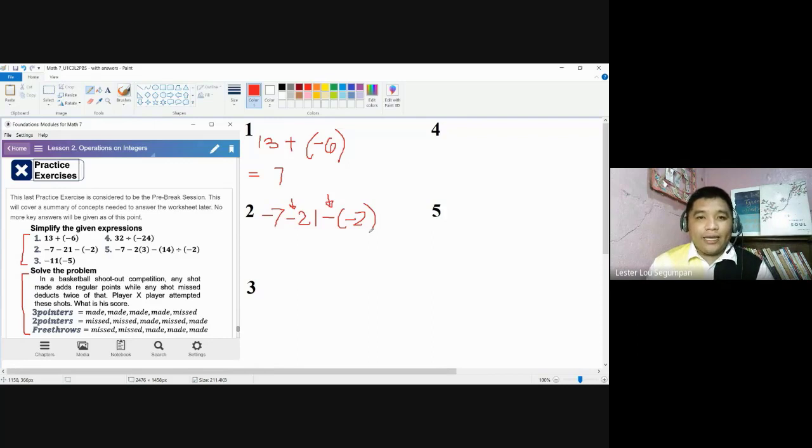The first rule is the rule of successive alternate signs. This is the concern for the second term. So this second term, let's say minus 21, is actually a combination of the subtraction symbol and a positive sign for 21.